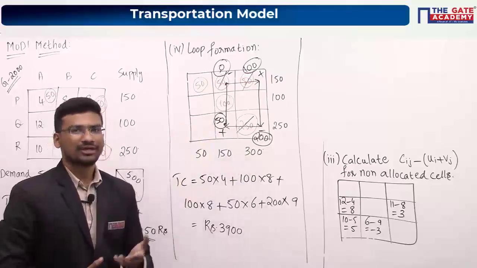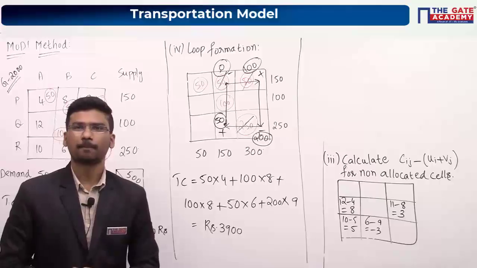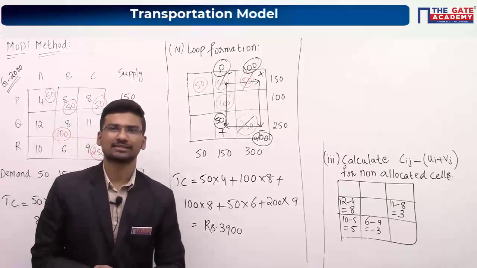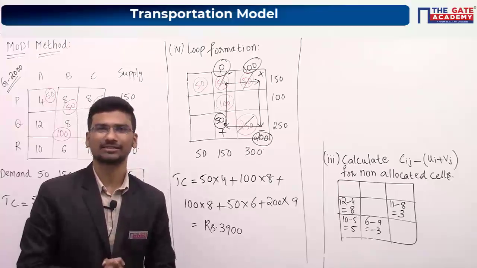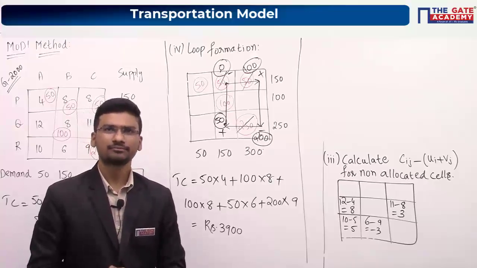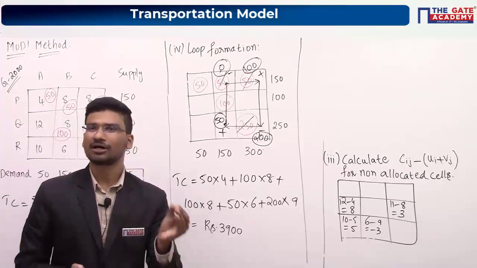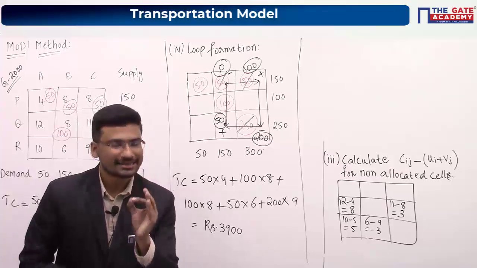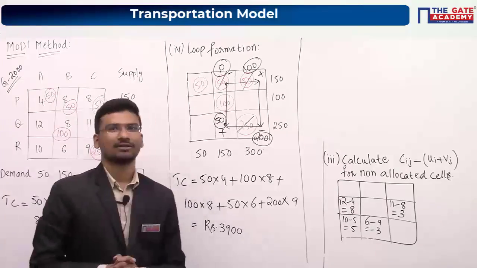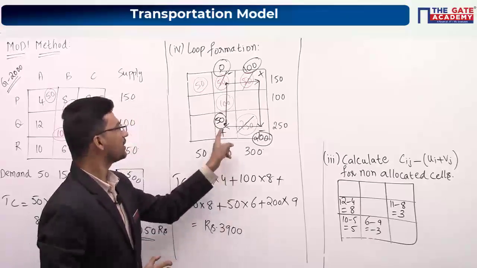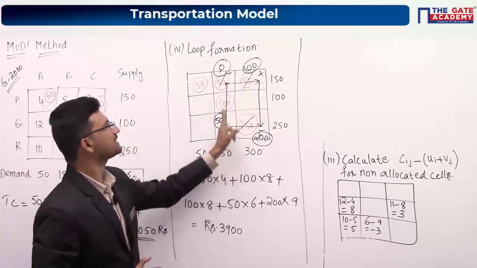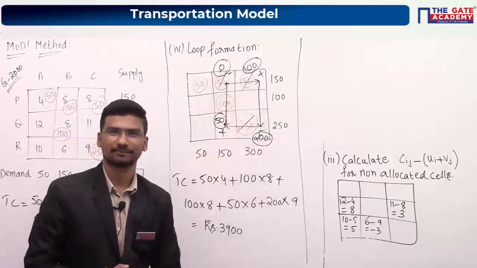Okay, so next point, take alternative positive and negative signs at the corners of the loop. Okay, so at the corners of the loop you have to take alternatively plus, minus like that.